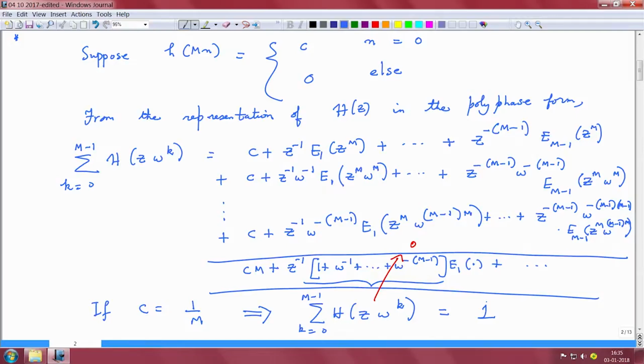So, all integer multiples of the frequency. So, then which means you are basically shifting the spectrum; you start with the base spectrum of h of z, then you are shifting the spectrum and then you are summing all of them. That is what it means, and that should be flat, that should sum to 1.